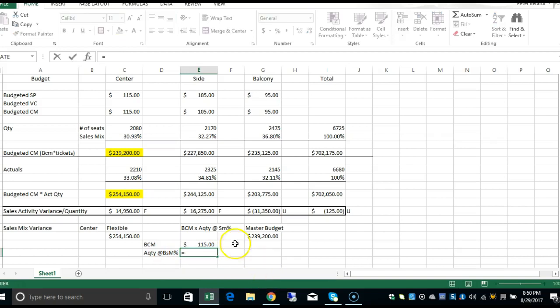So it's not the 2210, it's the total. We sold a total of 6,680 tickets times the budgeted percent.